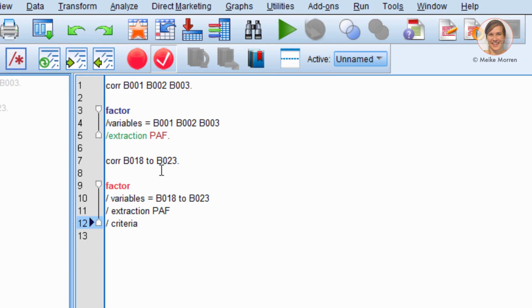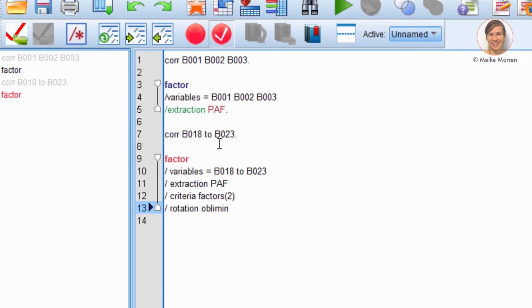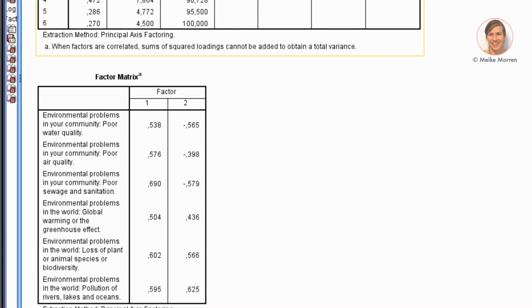Rotation oblimin, because I expect that how people view the problems in the community relates to how they view the problems in the world. Now let's see.